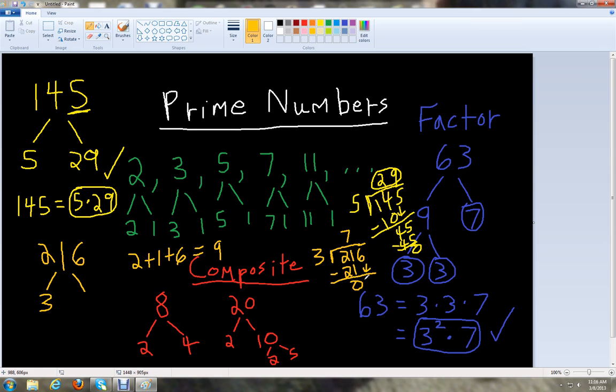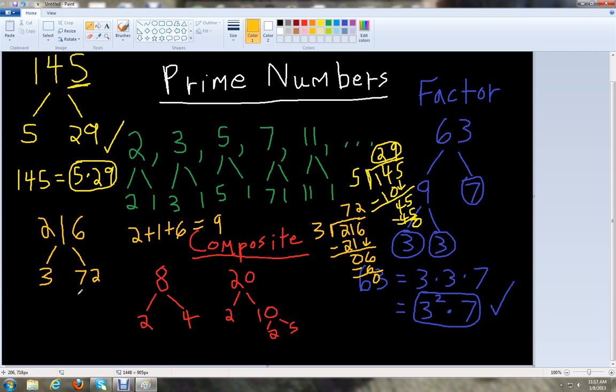Bring down the 6. And we know 3 goes into 6 2 times. 3 times 2 is 6. And then we get 0. So we have 72. So 3 times 72 is 216. So we can also factor 72. We stop with 3 because that's a prime number.